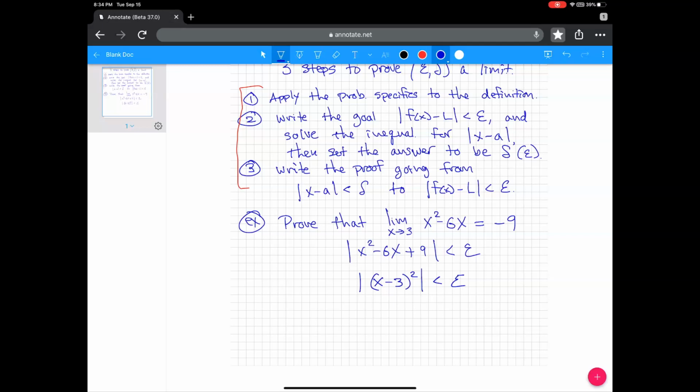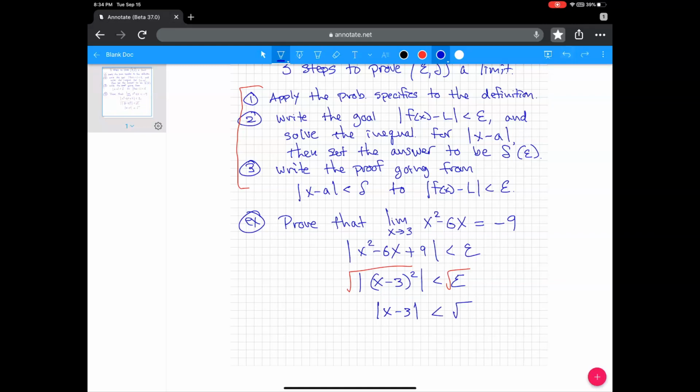So I solve this for x minus 3. I'm going to square root both sides. So then I get that, and when you square root x squared, here's a reminder from algebra, the square root of x squared is equal to the absolute value of x. So, if I square root x minus 3 squared, I actually get the absolute value of x minus 3, which is good because that's what we want. And I'm square rooting both sides, so that has to be less than the square root of epsilon.